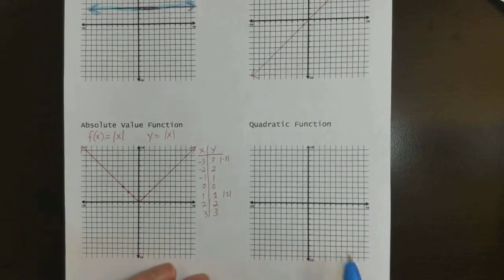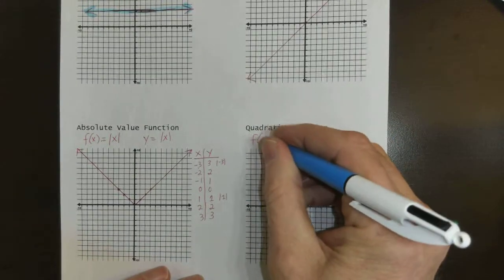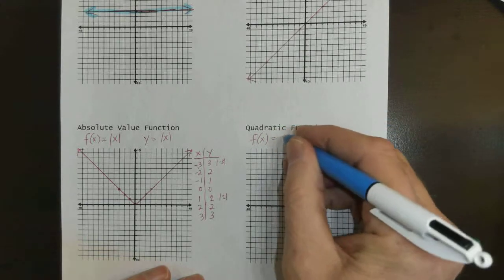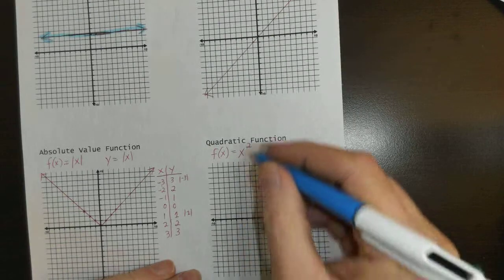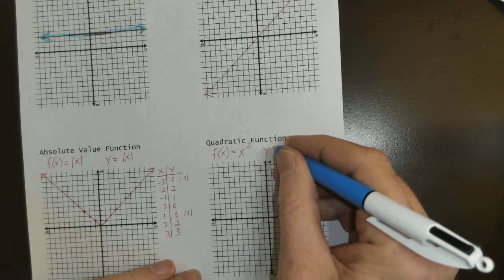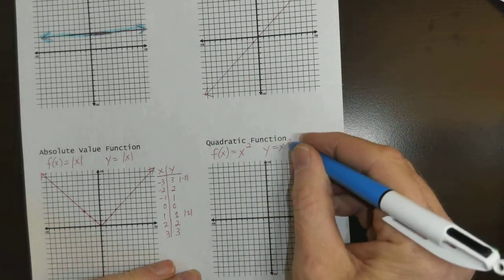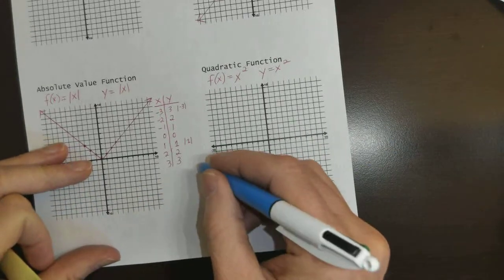The quadratic function is f of x equals x squared. That's the standard one. Or again, y equals x squared.